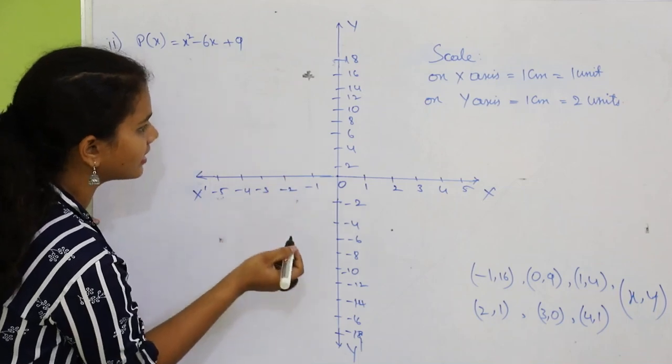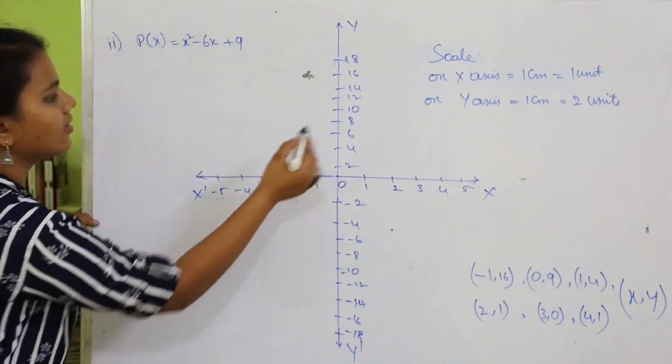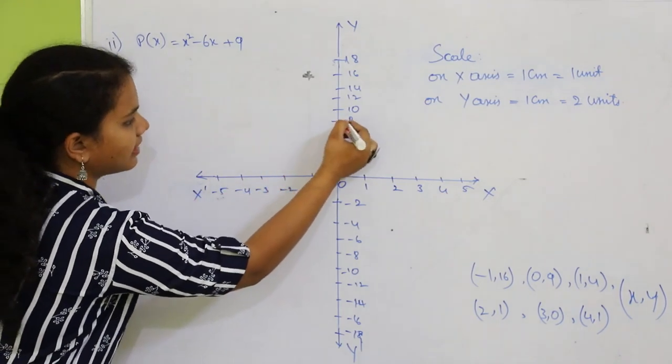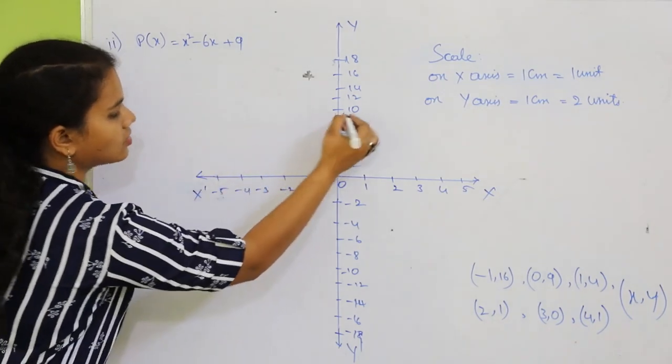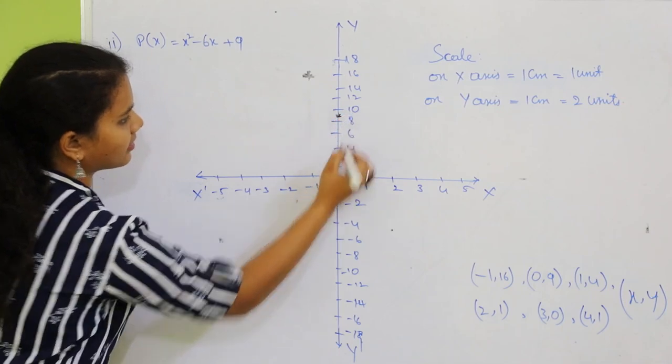Here you have 10 and here you have 8, and 9 lies between 10 and 8, so I consider somewhere over here for 9.